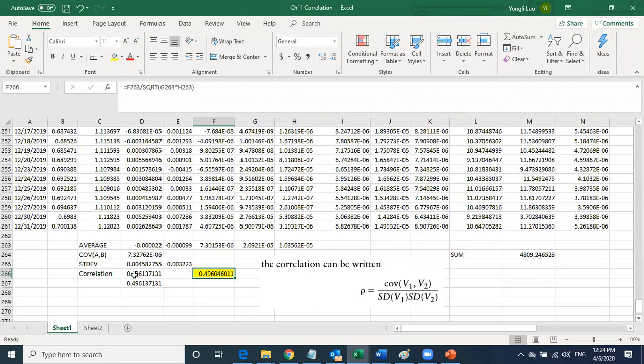There is another way we can do it, which is using the covariance. We calculate the covariance between these two. We can use the function called covariance: the covariance of the return of asset B and the return of asset A. So you can do covariance, or use the correlation function.